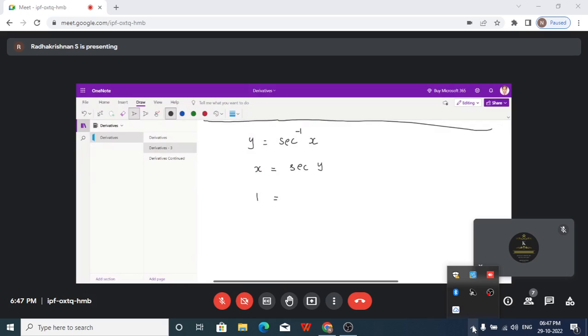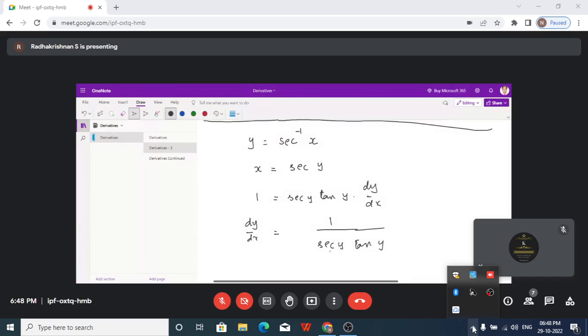Secant y tan y into dy by dx. Correct. Therefore, dy by dx equals 1 by secant y tan y. So secant y we can substitute as x.